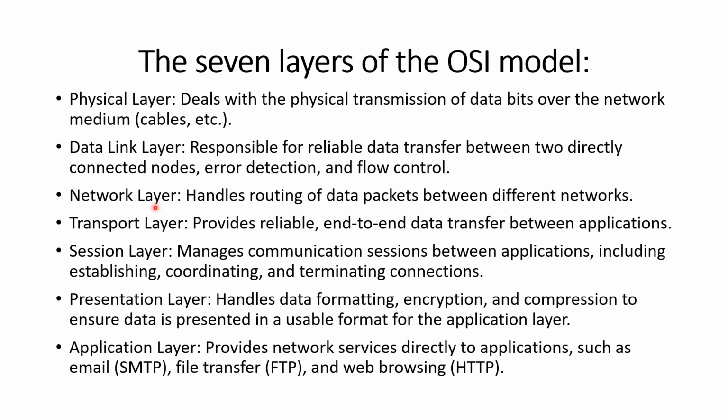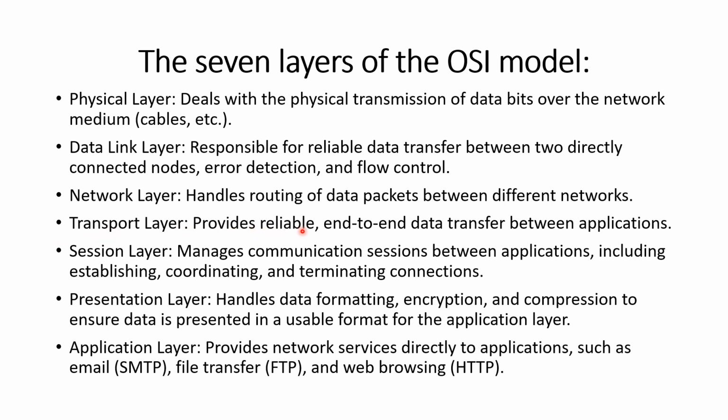Next one is the network layer. The network layer handles routing of data packets between different networks. That means if we want to send our data packet from one network to another network, then the network layer will decide the route through which it will be transmitted.